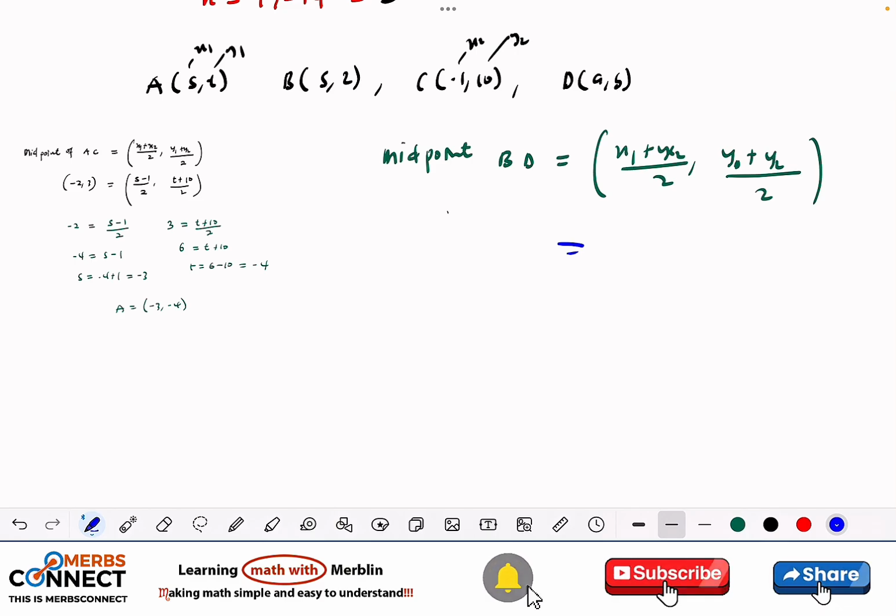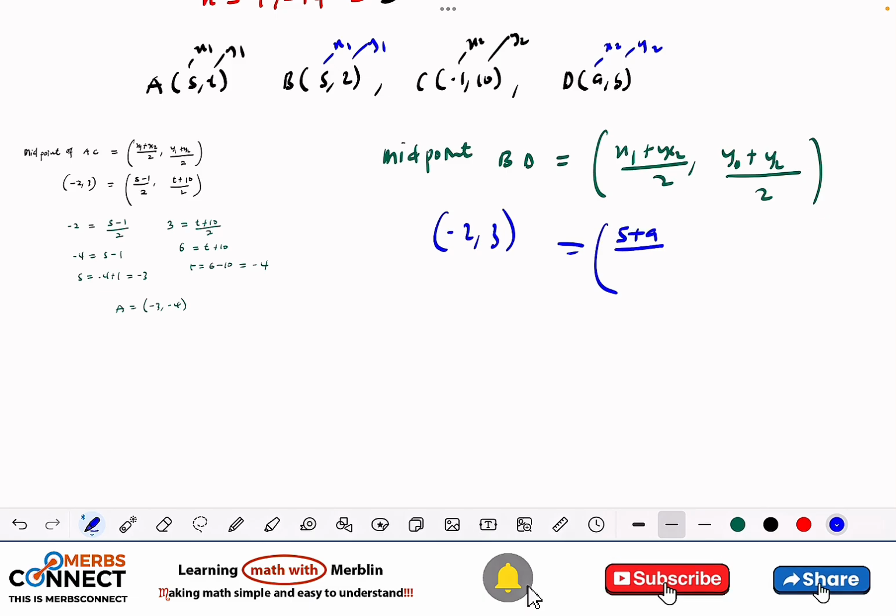So now what is the midpoint? The midpoint of BD is the same, minus 2 and 3. And let's assume that this is x2, y2 and this is x1, y1. So we are going to have 5 plus a divided by 2, and then 2 plus b divided by 2.